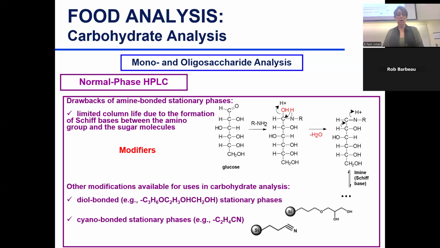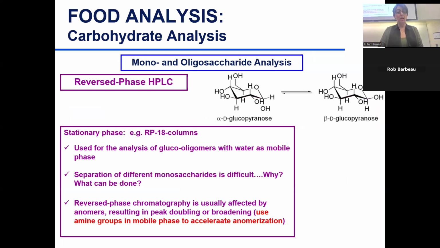There are other, just other examples, FYI, of modified silica. Remember the amine as an example, amine modification. Reverse phase. So you can use reverse phase HPLC, but it's not really very common unless you don't have another choice. The reason it's not common, remind me again, in reverse phase, what's the stationary phase, polar or non-polar?